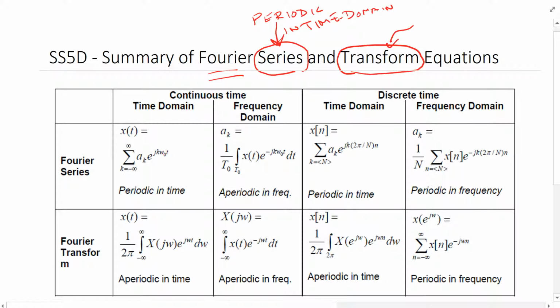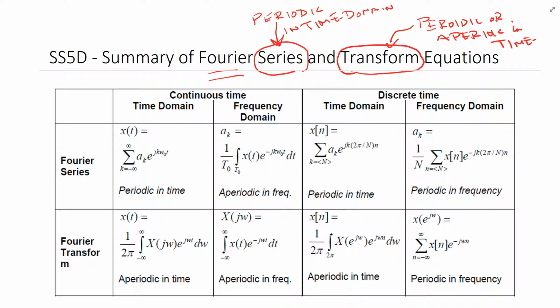Your signal could be periodic or not periodic, or aperiodic, in time domain, and that's fine. Both of those would work. So the best way to think about this is that the Fourier transform is a more general form.